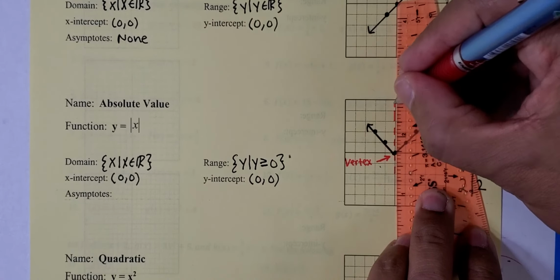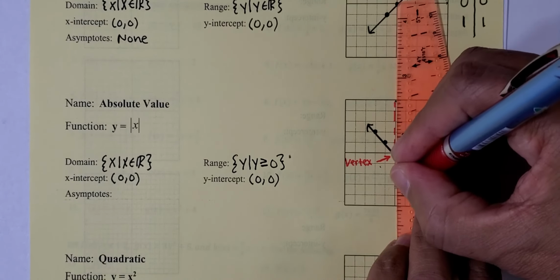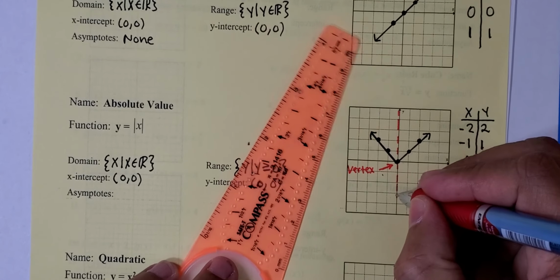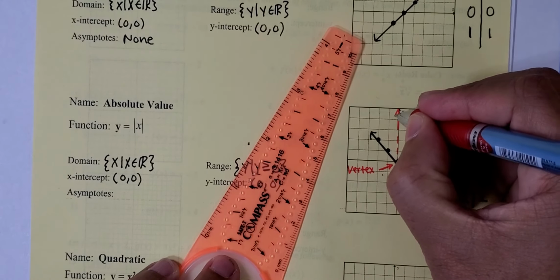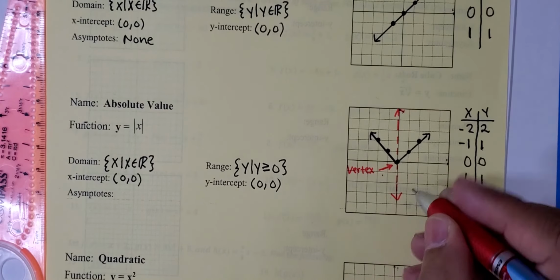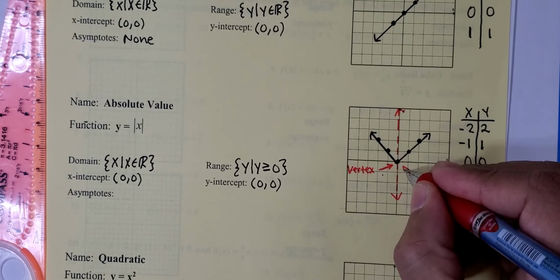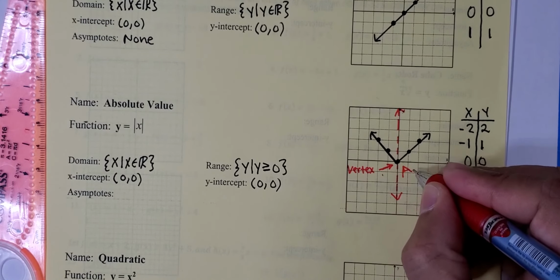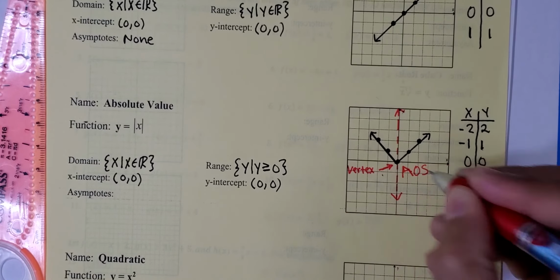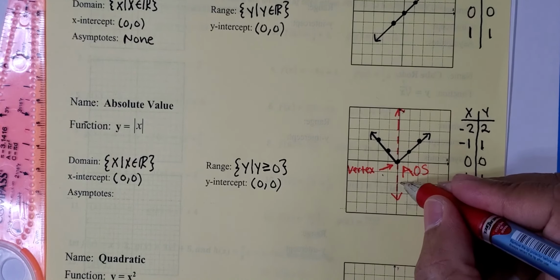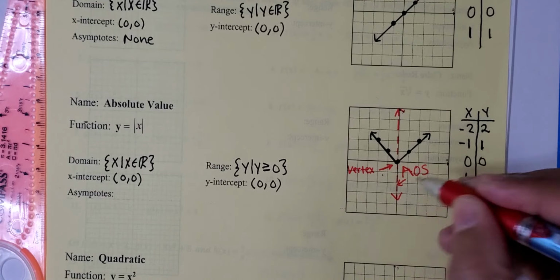Okay, and I'm hoping you can see this. So this is the line of symmetry, and I'm going to abbreviate the line of symmetry as AOS. Okay, that is a line of symmetry. So this red line is the line of symmetry.